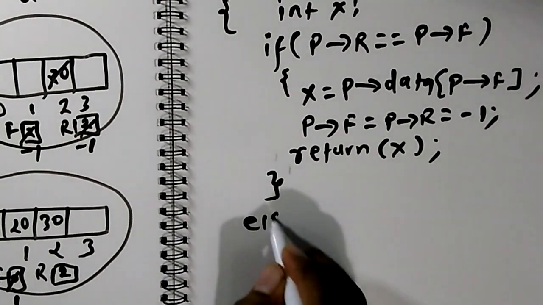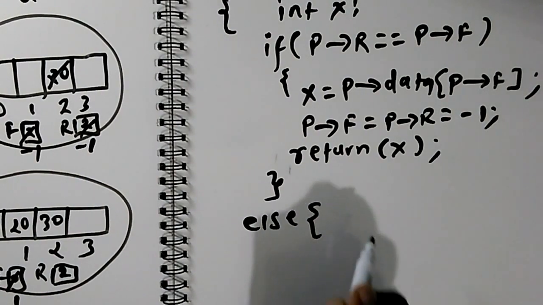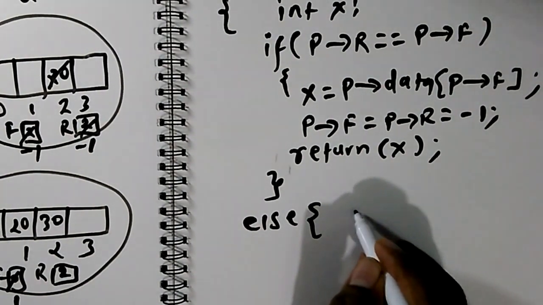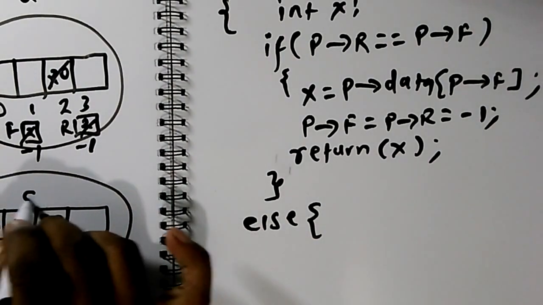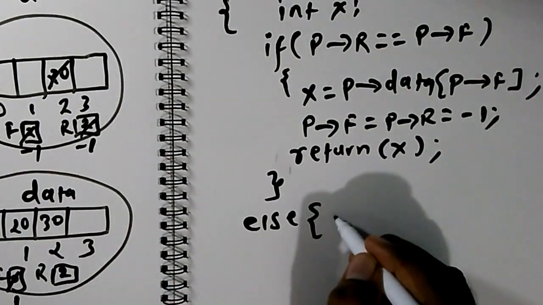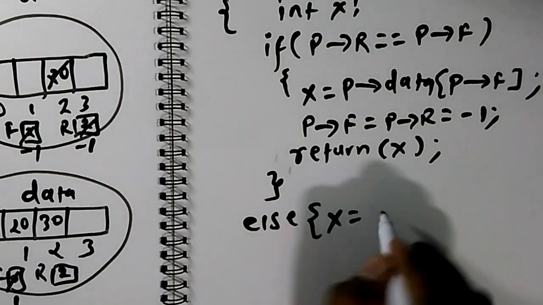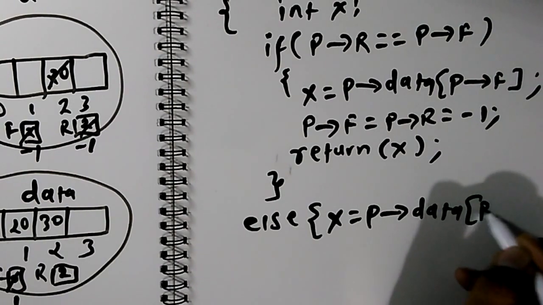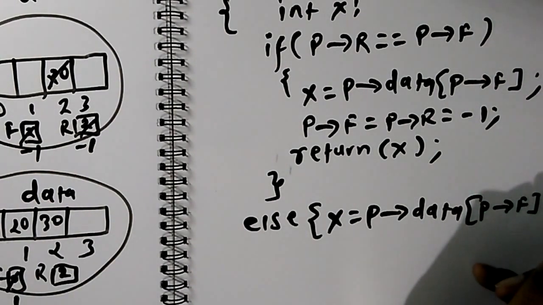So else, what I'll do is, I'll go to the location in the data array which is there in F, and I'll retrieve the value from that location, x equal to P arrow data of P arrow F, right?